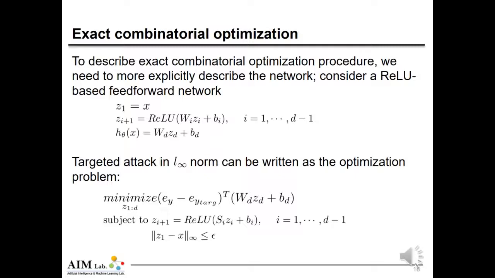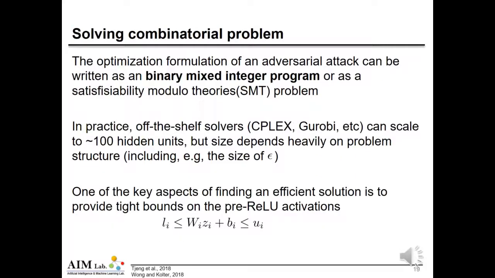The problem here is that this ReLU operation is not a convex constraint, nor is it natively handled by most optimization solvers. In order to solve this problem, we need to convert it into an alternative form, specifically a mixed integer linear program. A binary mixed integer linear program is an optimization problem that consists of a linear objective and binary constraints on some of the variables.